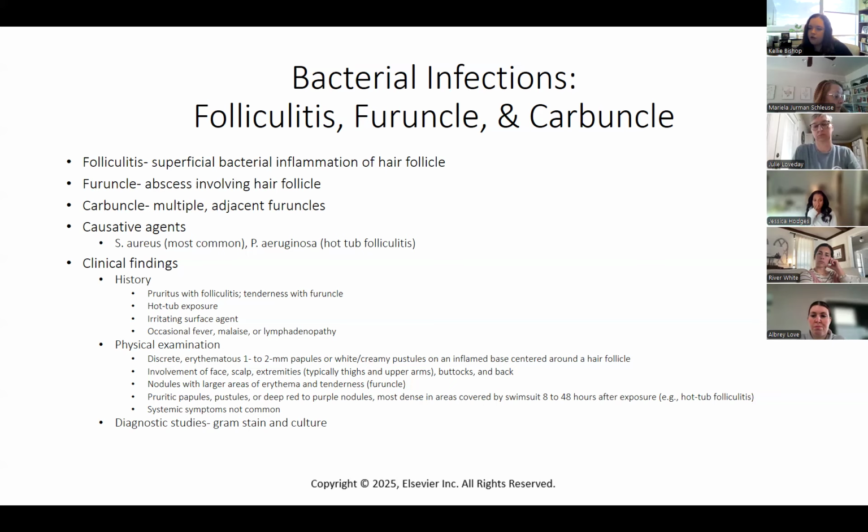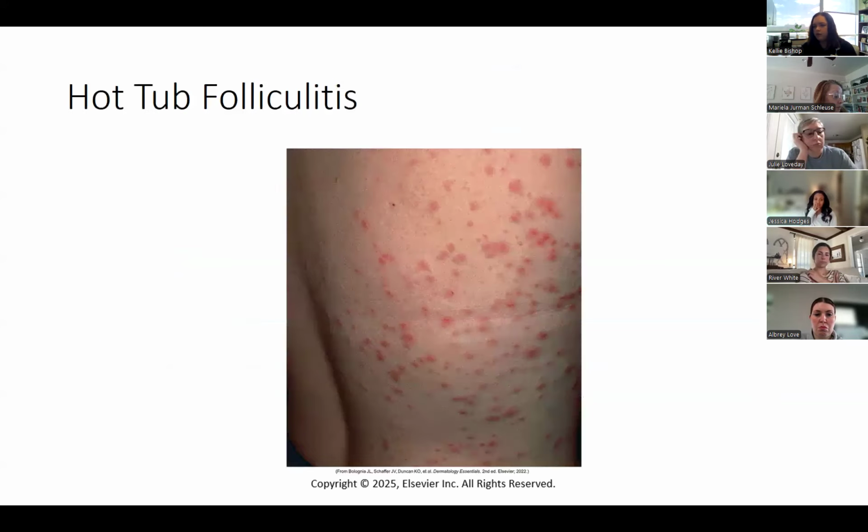Pruritic papules, pustules, or deep red to purple nodules that are most dense in areas covered by a swimsuit within a few days of being in a hot tub are probably hot tub folliculitis. Systemic symptoms can be seen, but they're not very common. You can do a Gram stain and culture, but usually this is diagnosed and treated clinically. This is what hot tub folliculitis looks like; you can't really see the hair in this picture, but it's on the hair follicles.